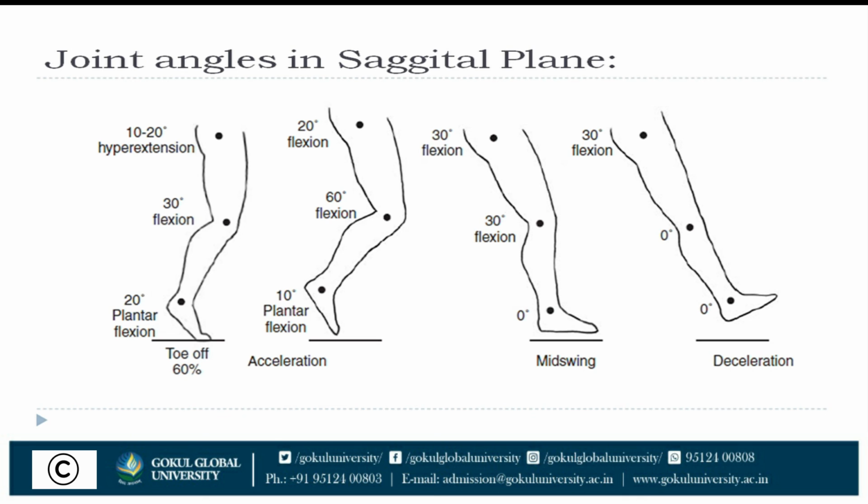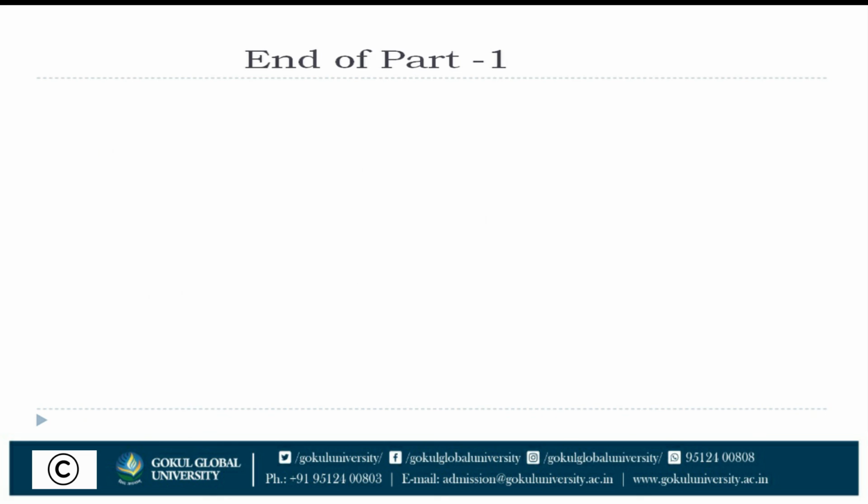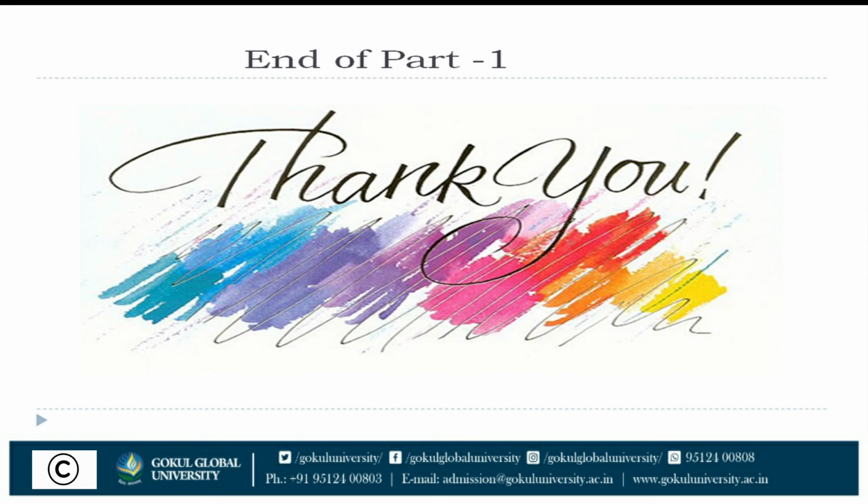In mid swing, hip flexion, knee flexion, and foot is in neutral. In deceleration, hip is in flexion, and knee and foot are in neutral position. By that we can identify the different angles and degrees of flexion or extension in each and every phase. Thank you.